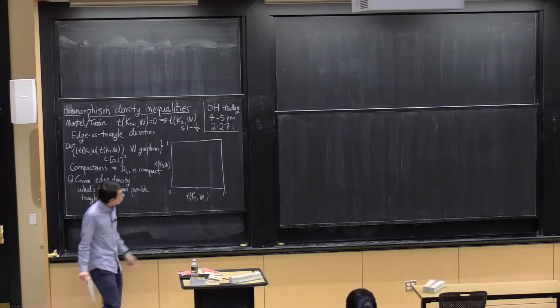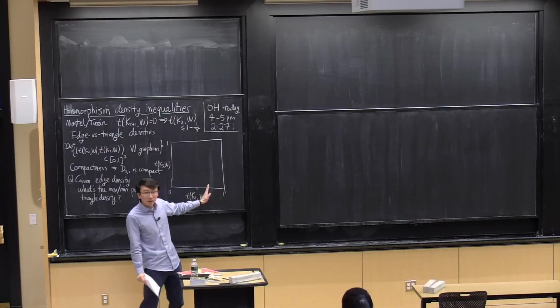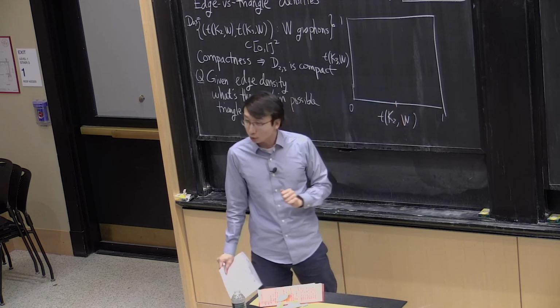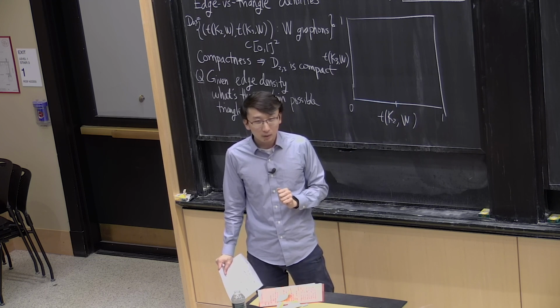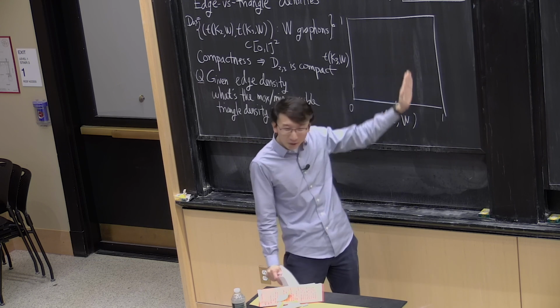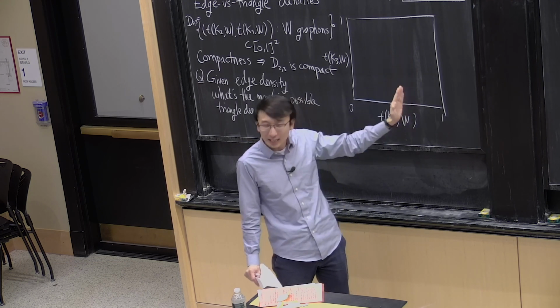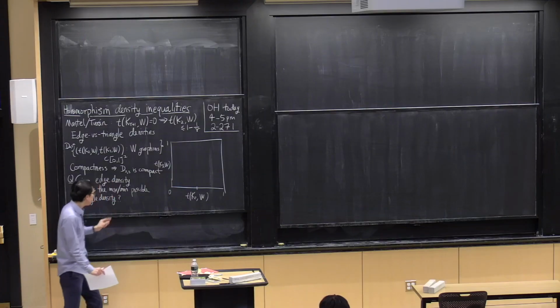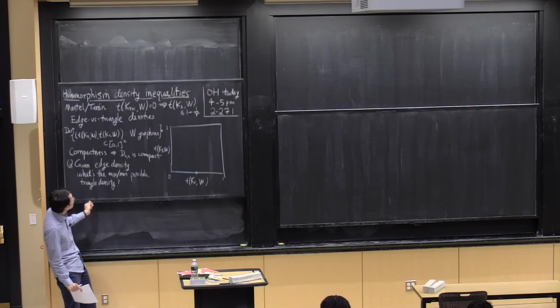I tell you that the edge density is 0.75. What are the upper and lower boundaries of this region? I want you to think about why the vertical cross-section is a line segment. You cannot have any holes. That requires an argument, and I'll let you think about that.